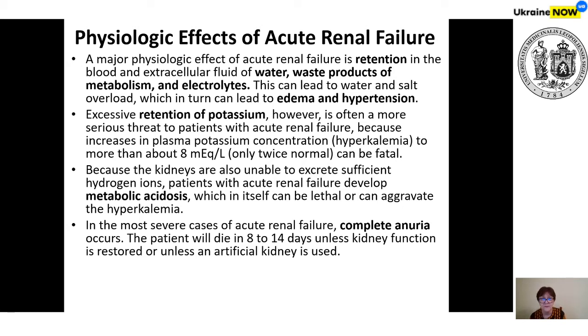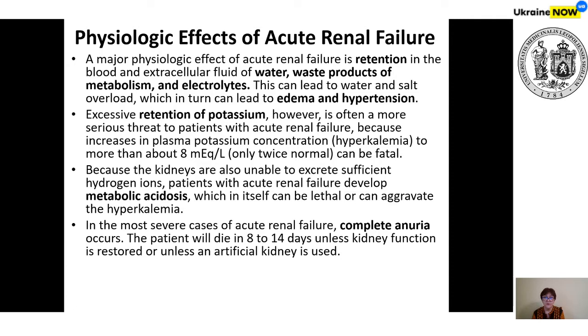Because the kidneys are also unable to excrete sufficient hydrogen ions, patients with acute renal failure very often develop metabolic acidosis, which itself can be lethal or can aggravate the hyperkalemia.